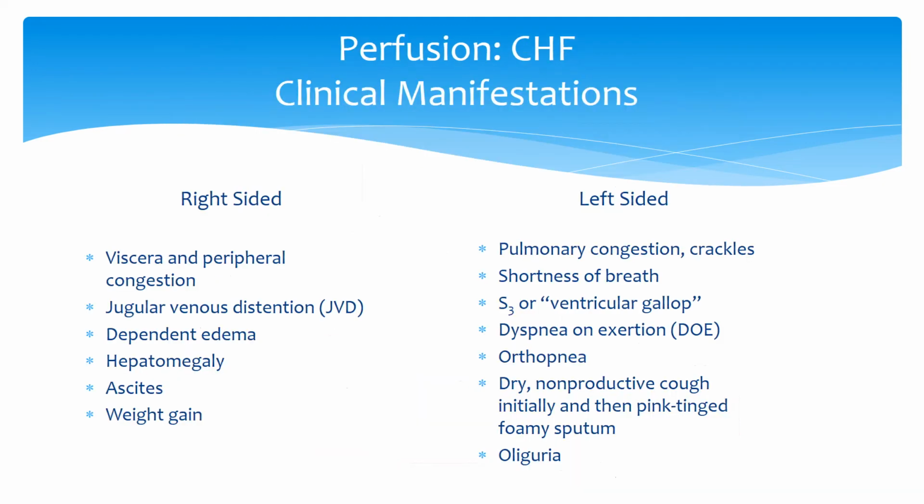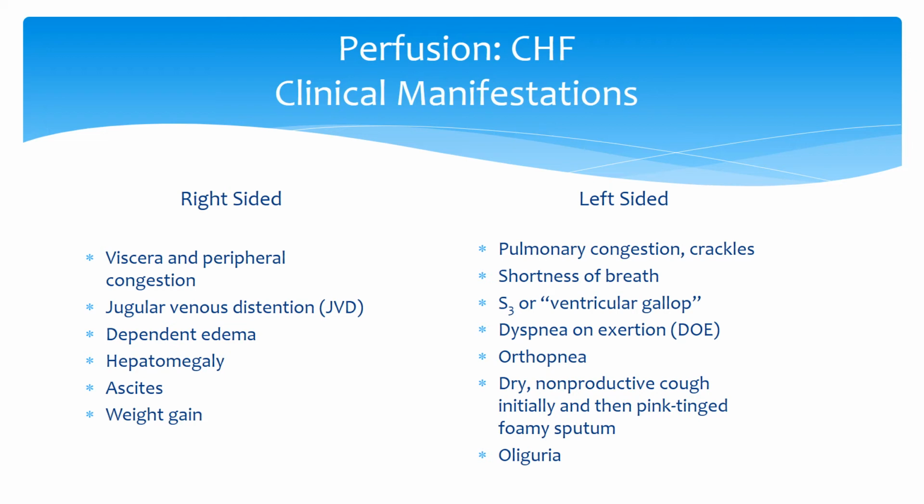So when you do this, you're saying we have right-sided heart failure and left-sided heart failure. If you look at the right side, the right side of the heart pumps the blood to the lungs, correct? So if my right ventricle is failing, it's not going to make its way to the lungs. It's going to stop there. It's going to make it harder.